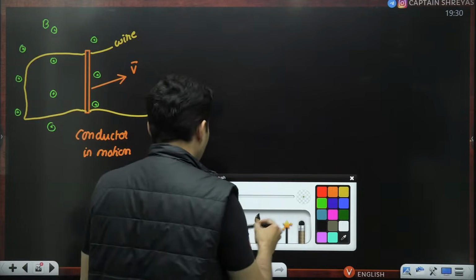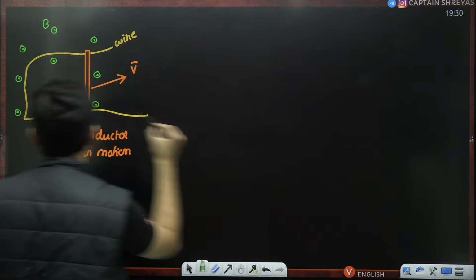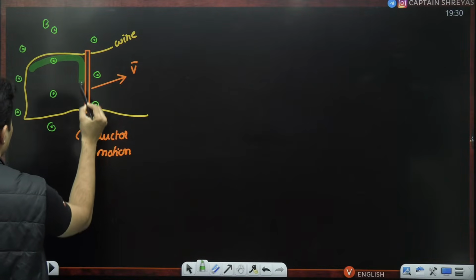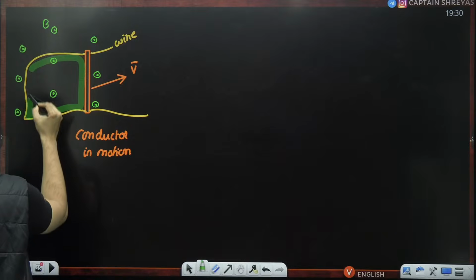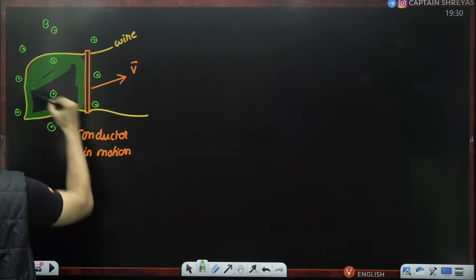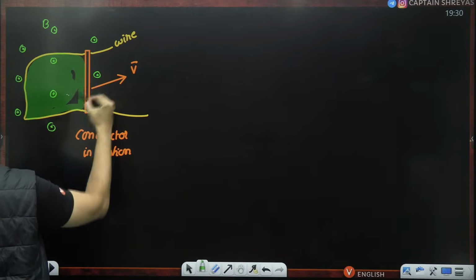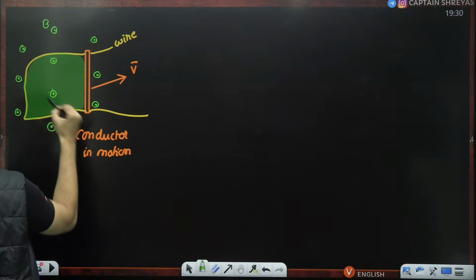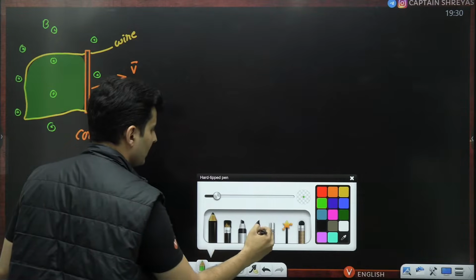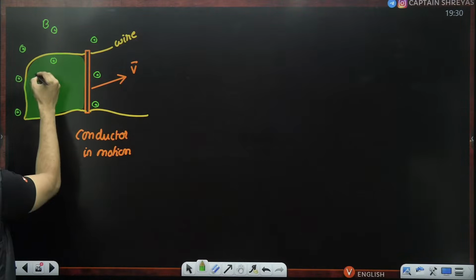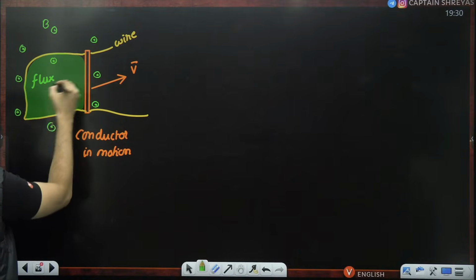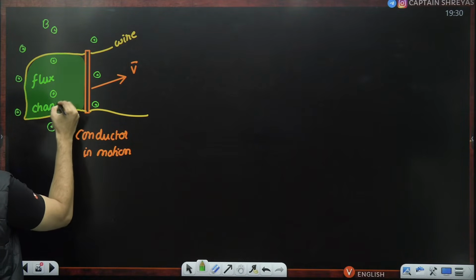As you can see over here, the flux which cuts in this particular loop which is formed is definitely changing. The flux changes through this particular loop.